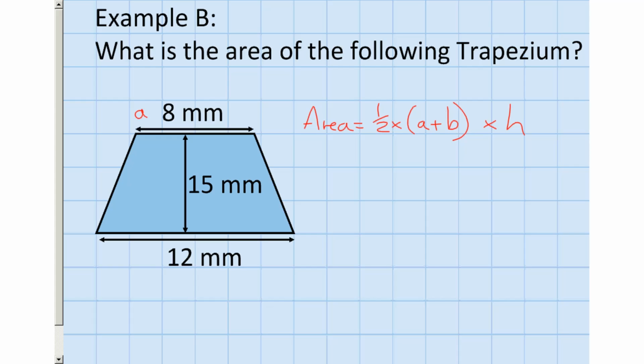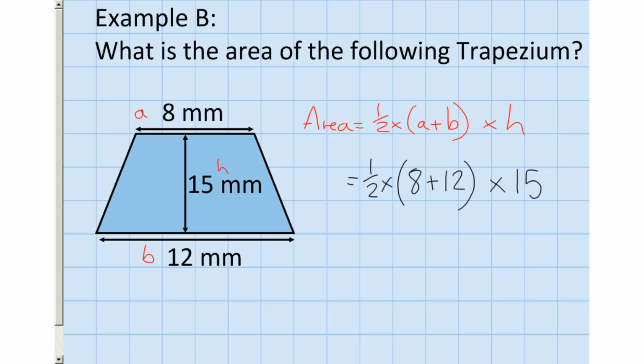This one was A, this one was B, and this one was H. So what we need to do now is put those numbers into our formula. So it's a half of A plus B, so that's 8 plus 12, and then we need to times it by 15.